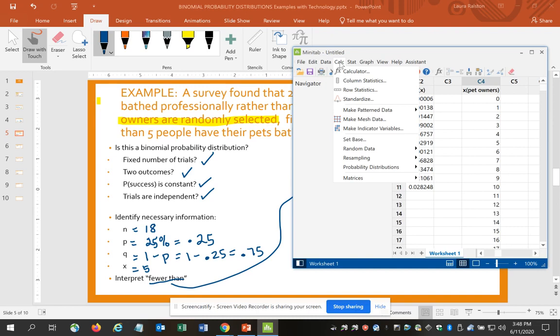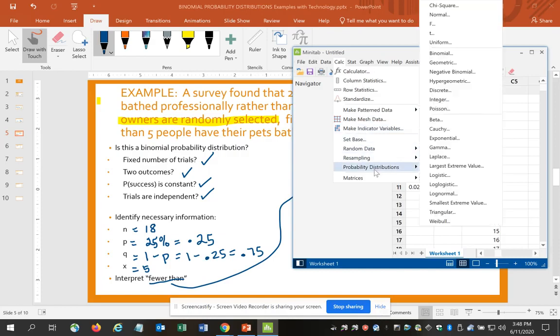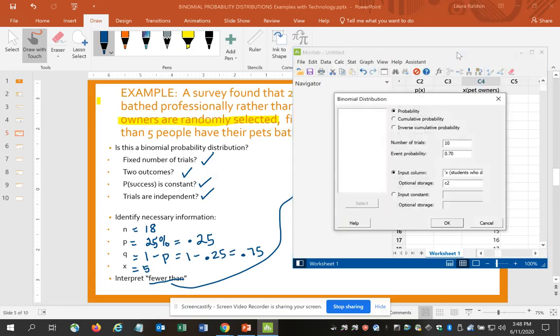Okay. Then we got to calculate. We go to Calc, the top of the screen, scroll down to probability distributions, select the specific one we're doing, which is binomial. Again, you want probability. You now have 18 trials. The probability that they have their pet washed professionally is 0.25.